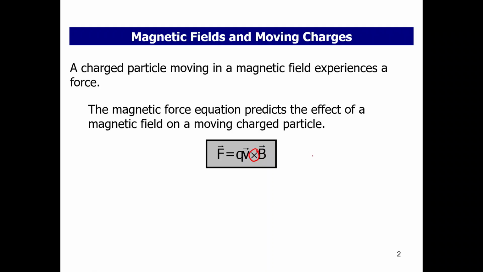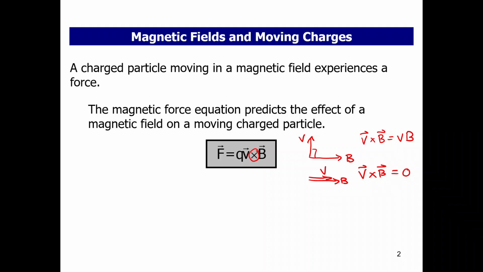For example, if my magnetic field B was to the right and my velocity V was north, they're at 90 degrees to each other. If I take V cross B, I just get V times B. If B and V were parallel to each other, then V cross B would be 0.